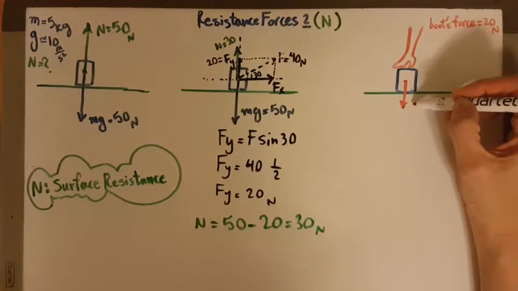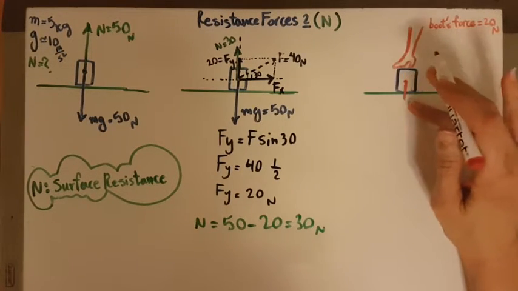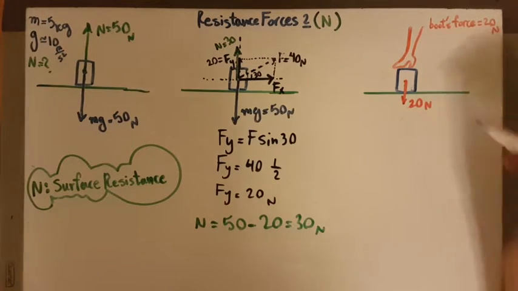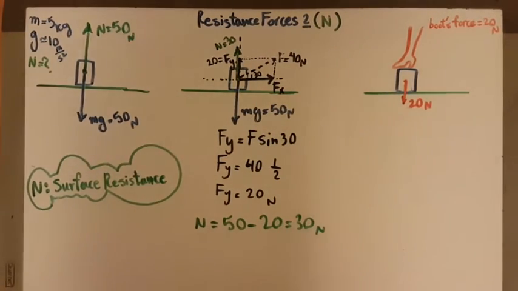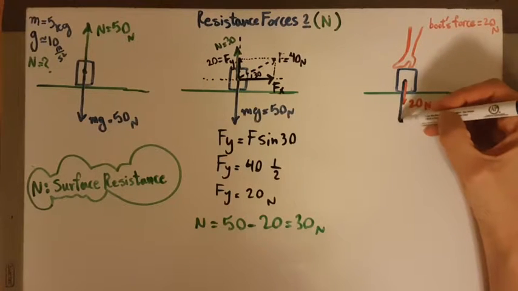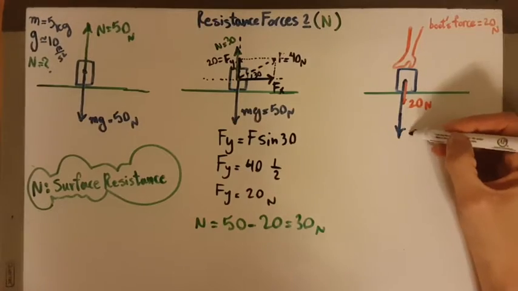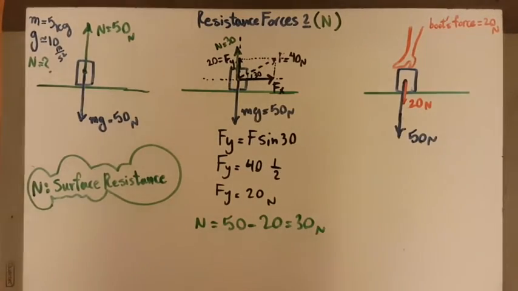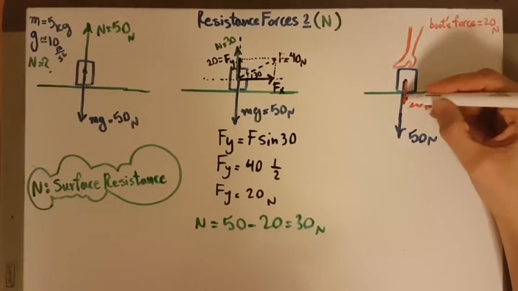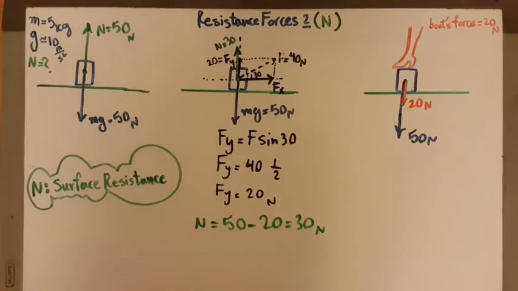So this is 20 newtons applied by the boot to the box, and the weight of the box is also applied from the earth, dragging it down by 50 newtons. So 50 and 20 are pushing down the box. How much resistance should the surface show?